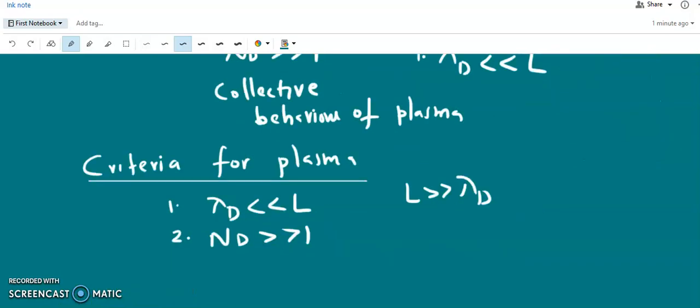Now we discuss the criteria for plasmas. There are 3 criteria for an ionized gas to be a plasma. So these 2 conditions are given by lambda D is very much less than dimension of plasma, or L much greater than lambda D. And the second one is ND, the number of particles in the Debye sphere, is much greater than 1. So these are the 2 conditions.